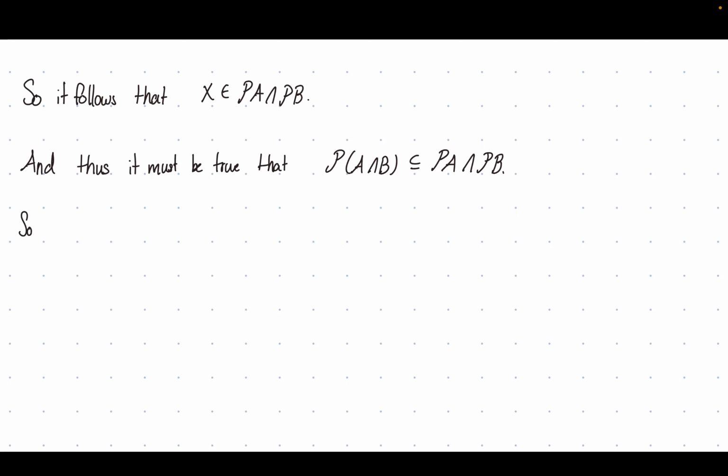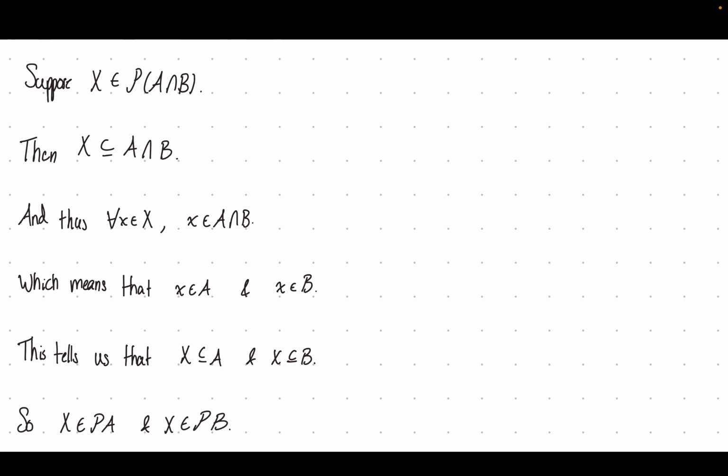So, power set of A intersect power set of B is equal, indeed, to the power set of A intersect B as desired. Okay, fantastic. So, yep, about as straightforward as these proofs get.